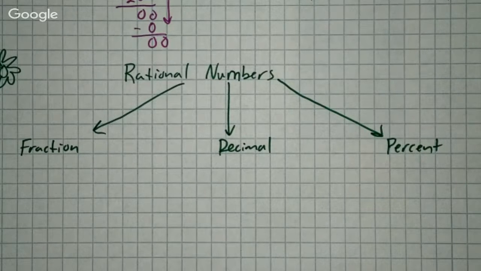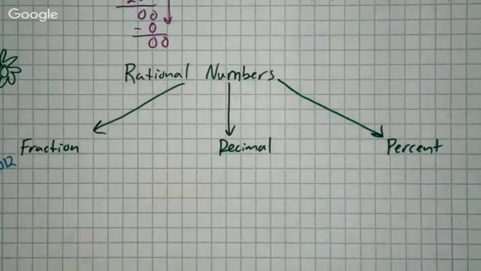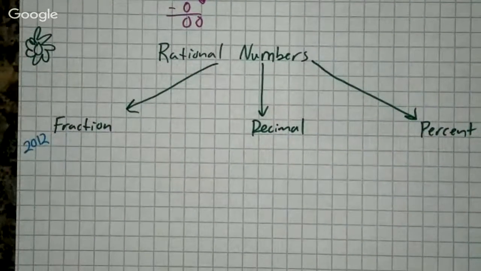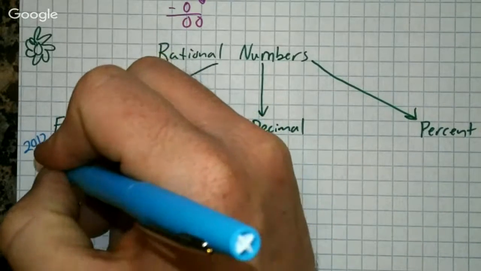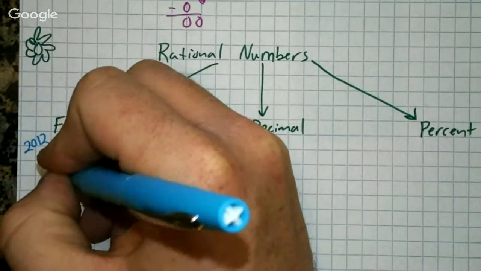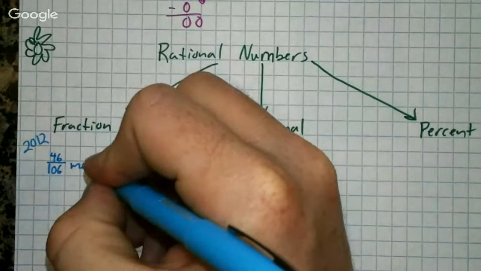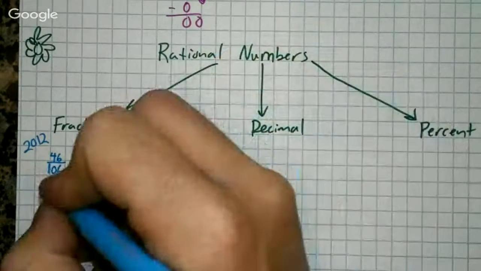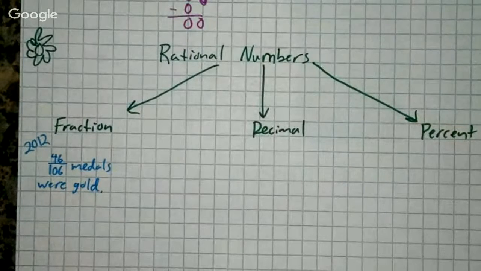So let's start with a fraction. We're going to do a little example problem right here. In 2012 there were the Summer Olympic Games, right? And in those games, the US won 106 medals total, 46 of them gold. So 46 of the 106 medals were gold.